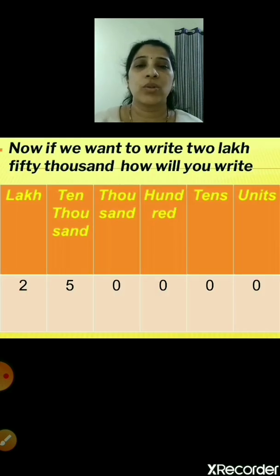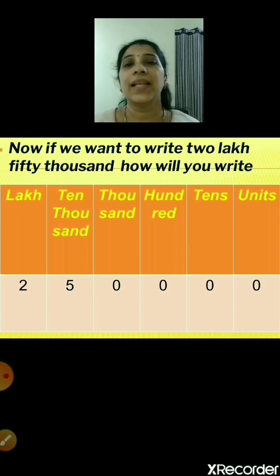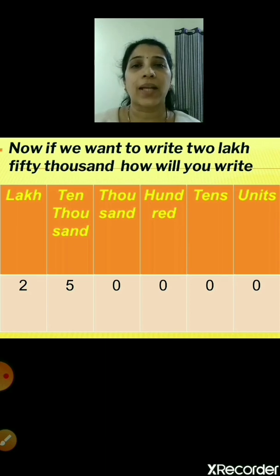Now, if we want to write 2,50,000, how will you write it? So, again, what I have done, I have made a table. In that, I have arranged from units, tens, 100, 1,000, 10,000 and then lakh. So, it is written as 2 lakh. So 2 lakh means 2 will come in the lakhs place. Then 50,000.